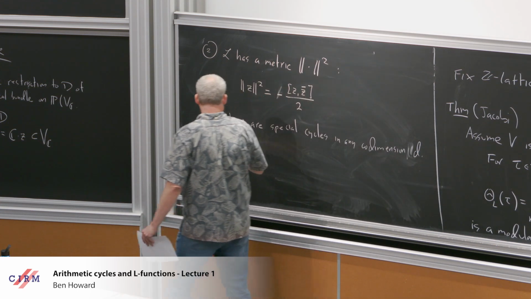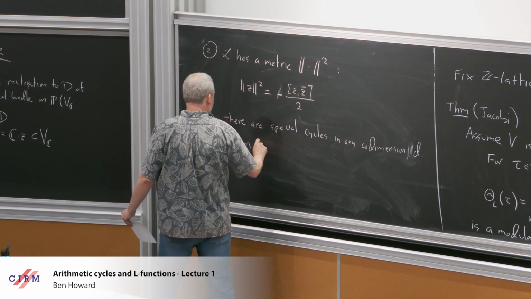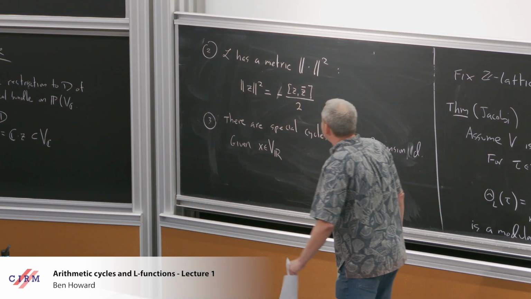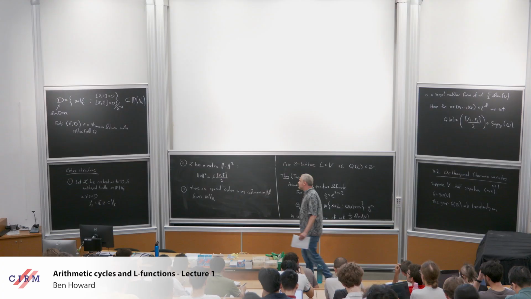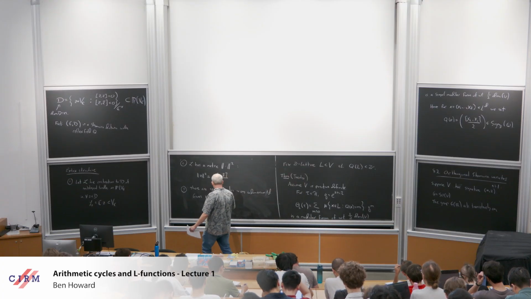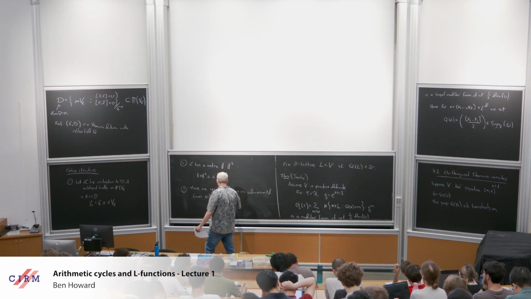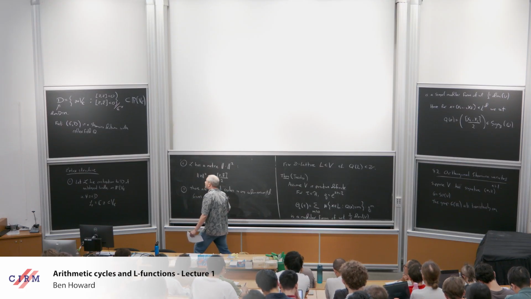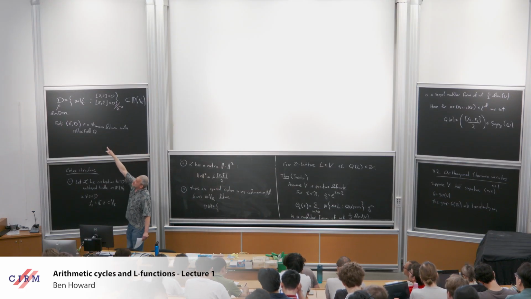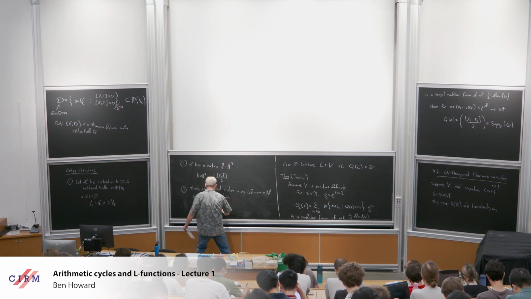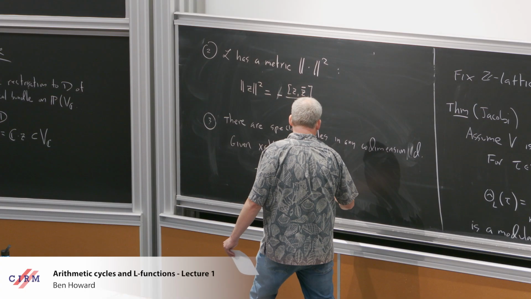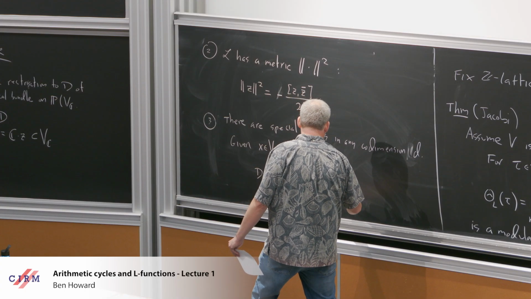So here's how you define them. If I give you any vector in the real points of my quadratic space, I can define D of X to be those isotropic vectors in D that are orthogonal to my given vector.